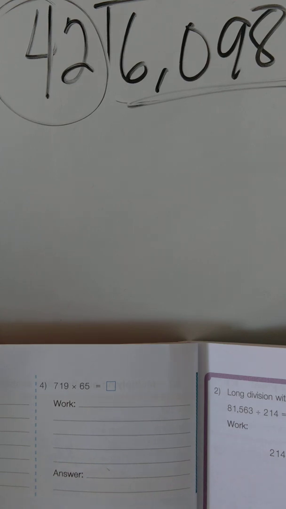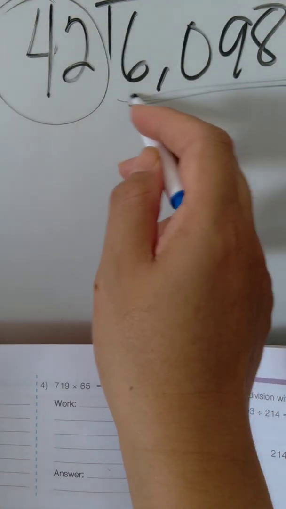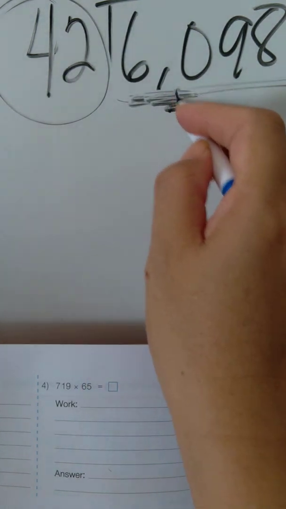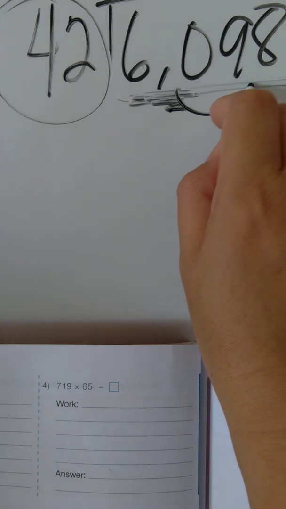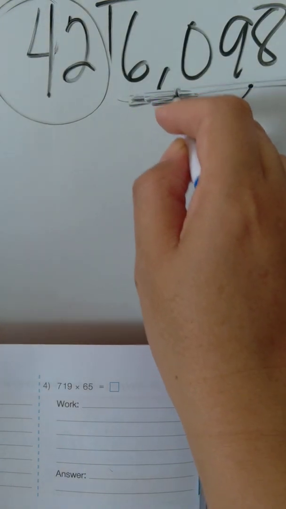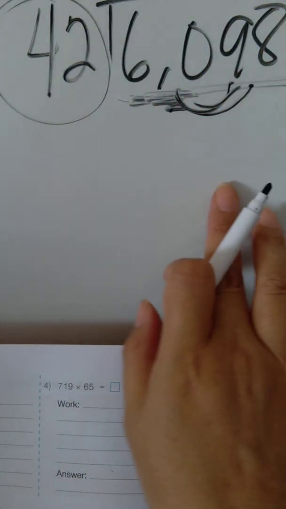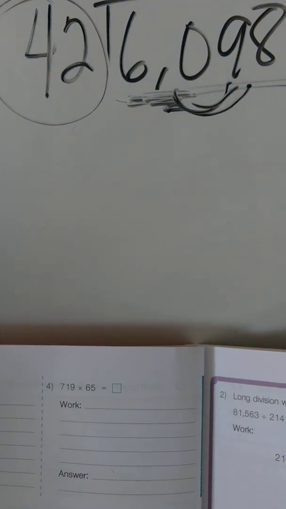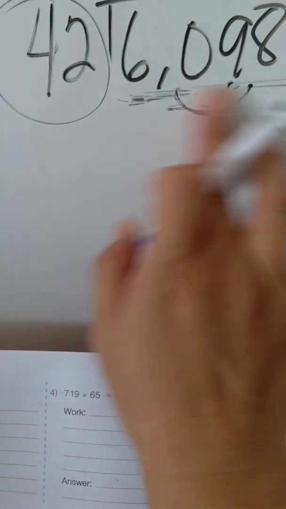Divide the dividend by the divisor starting at the leftmost place, then move on to the right. Okay, now let's do the work. Solution.